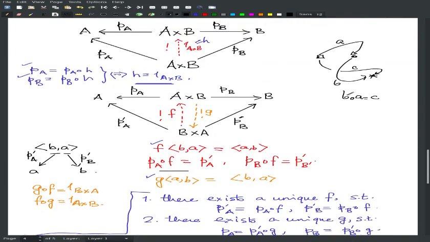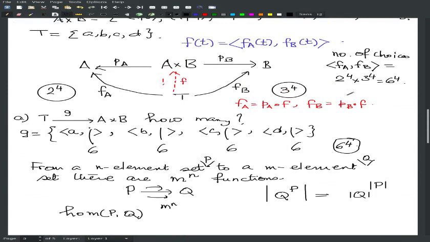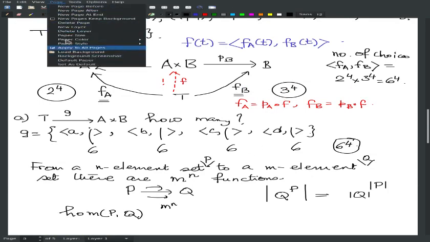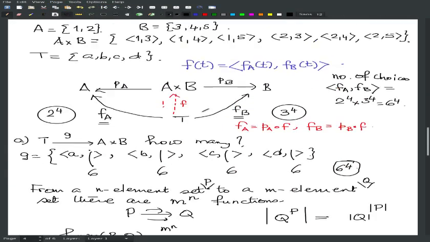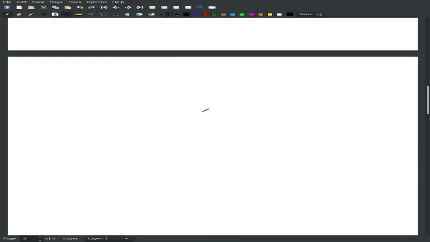So something about this connection. You saw the number of choices of FA and FB.